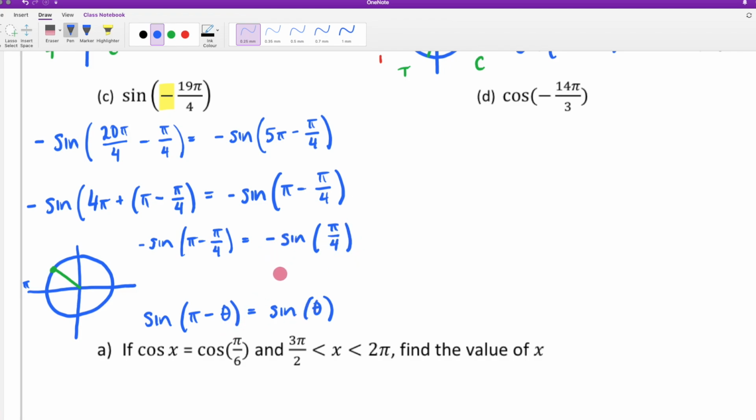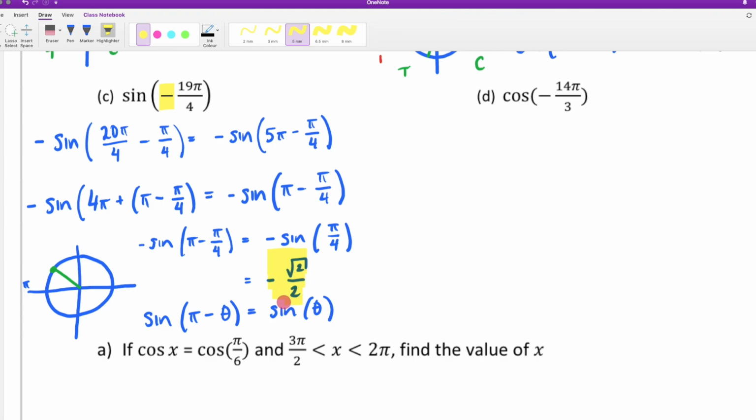Obviously, it's going to be positive sine for when we have pi minus an angle, but remember we still have this negative here. So I'm not going to get any cancelling out of negatives. That negative is going to stay. So now I need to figure out what sine of pi on 4 is, and that is going to be the square root of 2 on 2. So it's going to be negative of that. So that will be my answer.